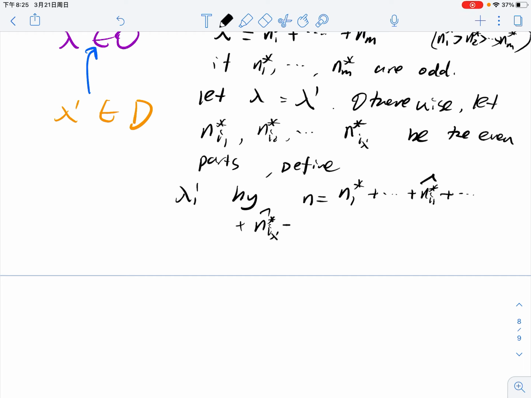You get rid of these, and just as before, we do need to add some extra terms. So how do we add extra terms? You just divide each even part by 2.